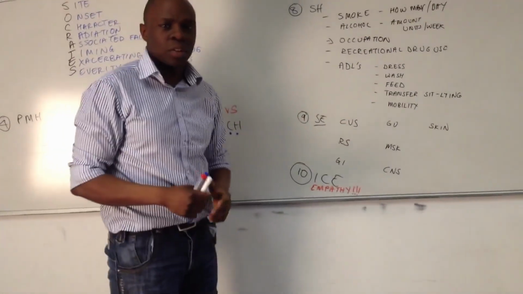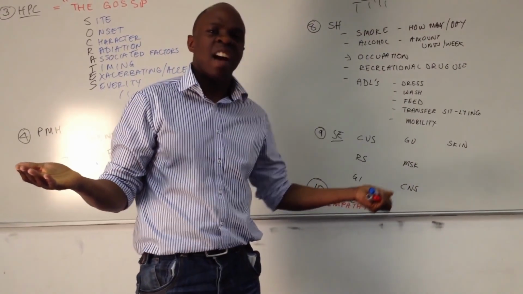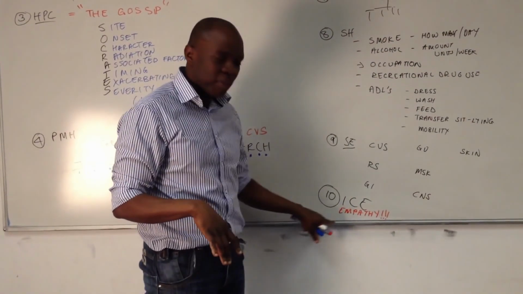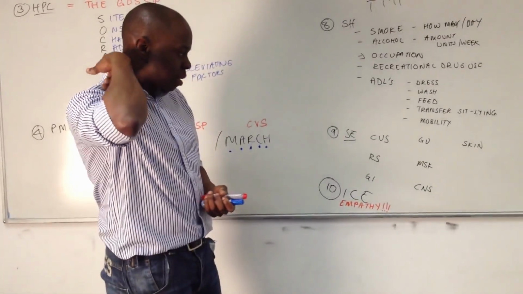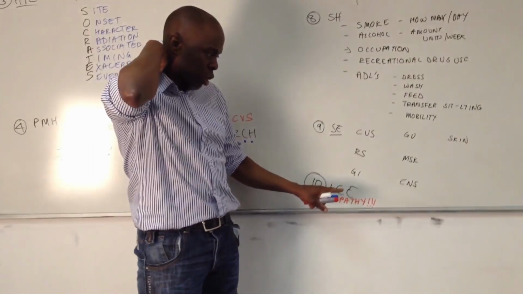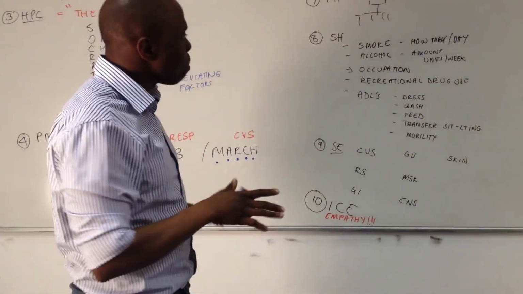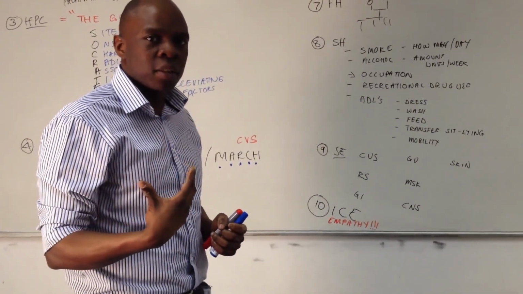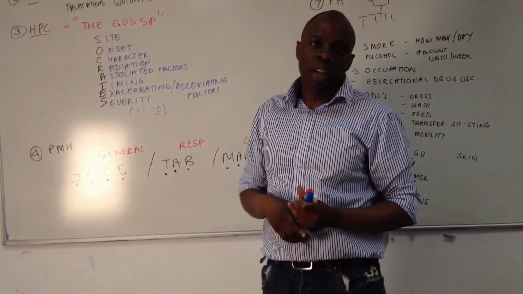So expectations. Rather than asking them, so what do you want me to do for you? So very, very different. This is very clever, this bit. So you've got to be really clever about how you do this. And then somewhere in this section, just before you present back your history, you want to be thinking about possible risk factors for this particular condition, why this patient came in.